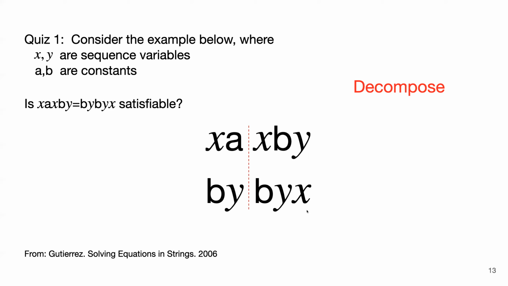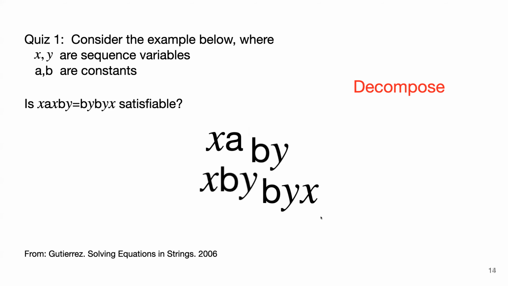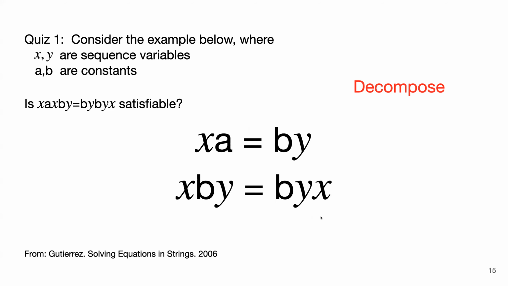So we can decompose this equation, and this gives us two equations, which is equisatisfiable to the one that we started with. If this is satisfiable, then the initial equation was also satisfiable.